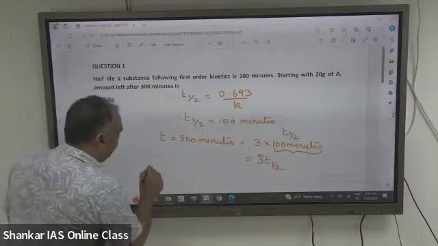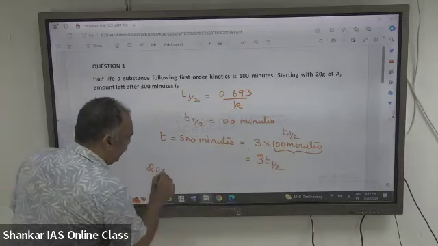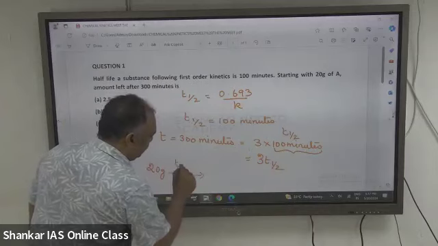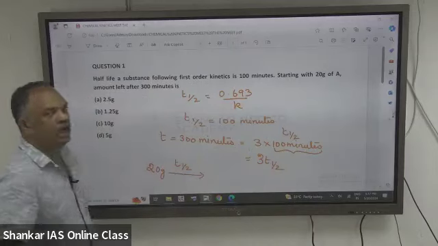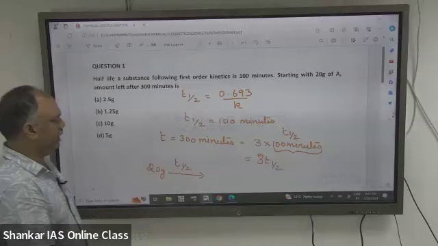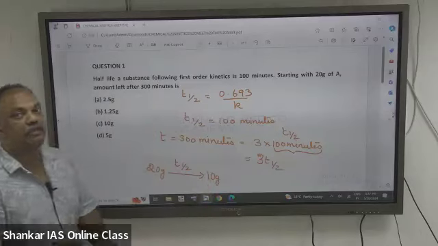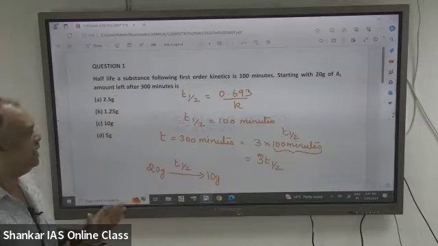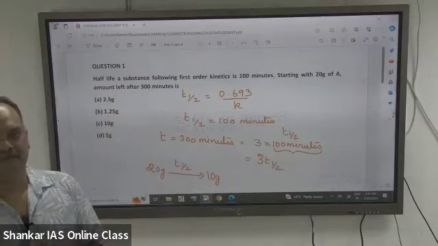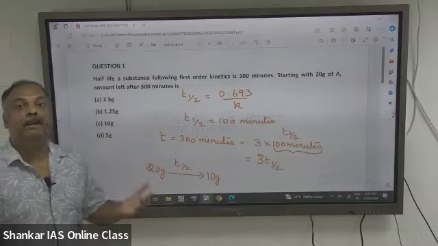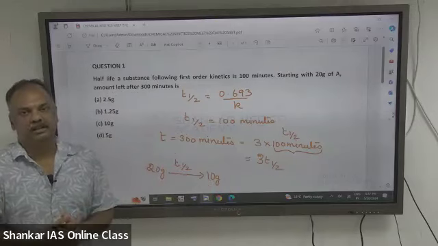Now, if we take a sample containing 20 grams, after T half, what is the amount left? The amount left will be 10 grams because T half is defined as the time taken for the initial sample to become half. And for a first order reaction, the T half is independent of the initial concentration.